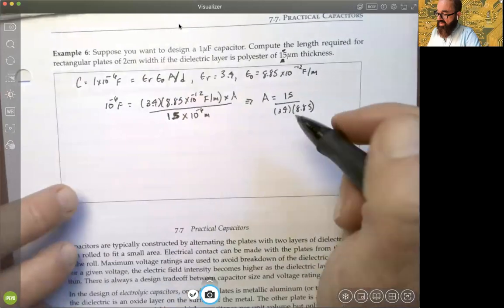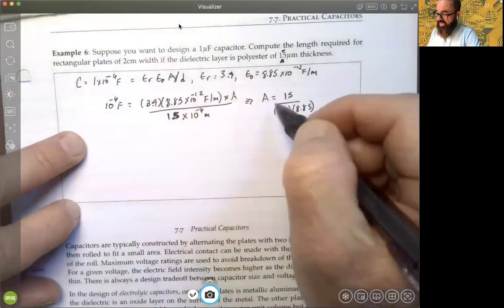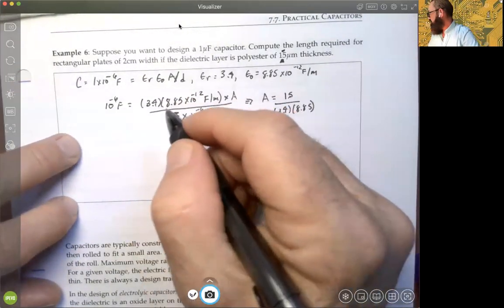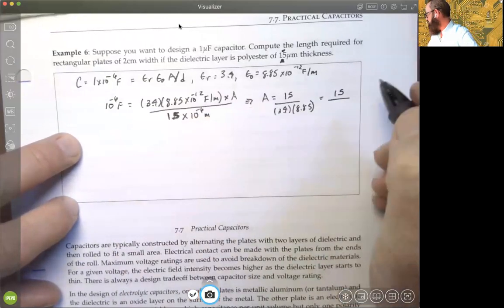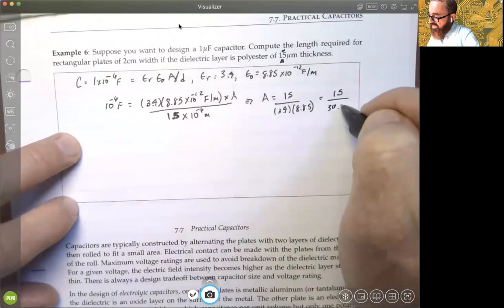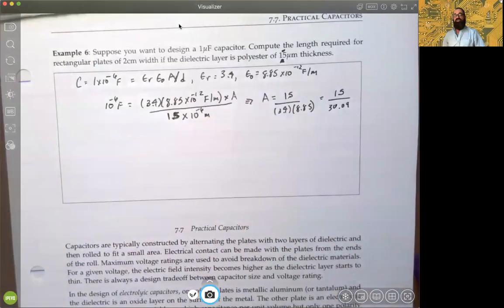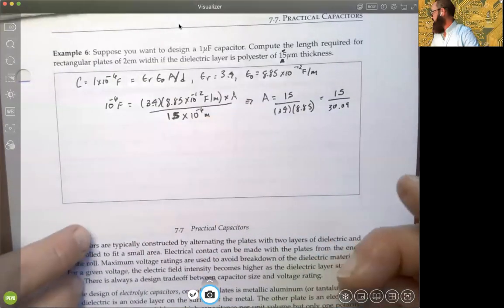All right. So the exponents all work out, divide out evenly. And so this will turn out to be 15 divided by 30.09. And that kind of makes sense based on about a 15 micrometer thickness.